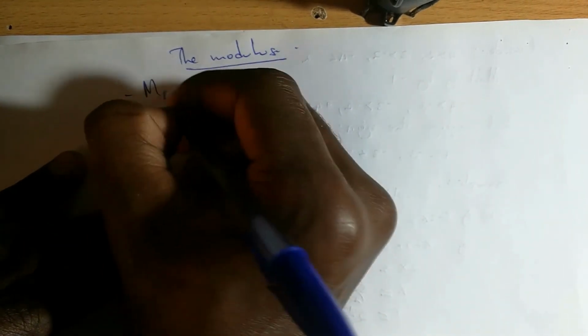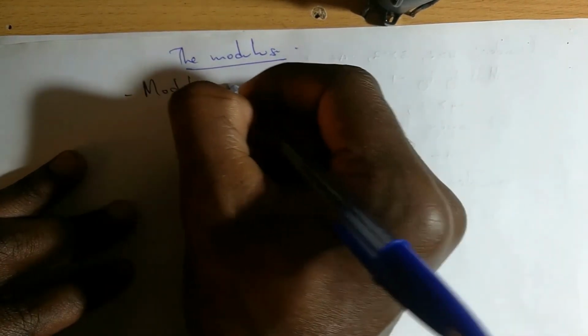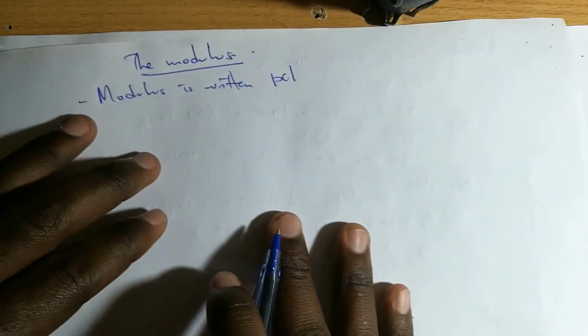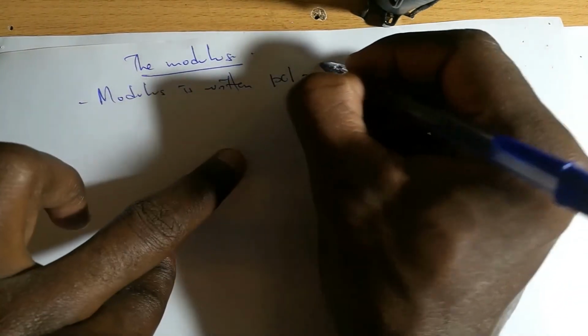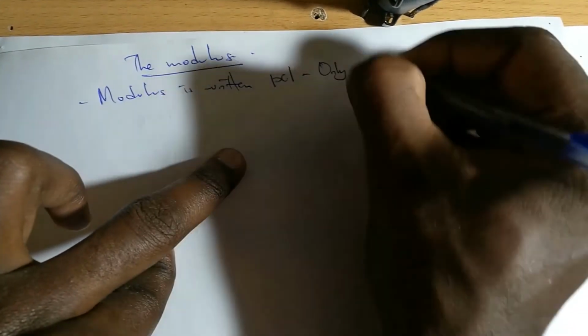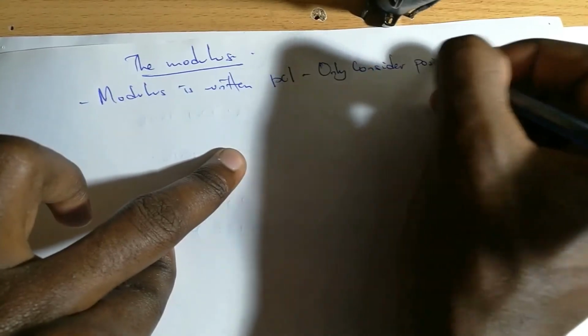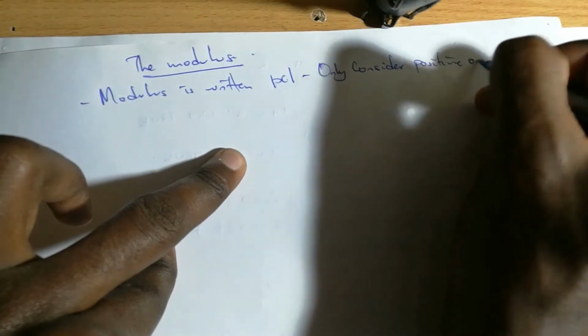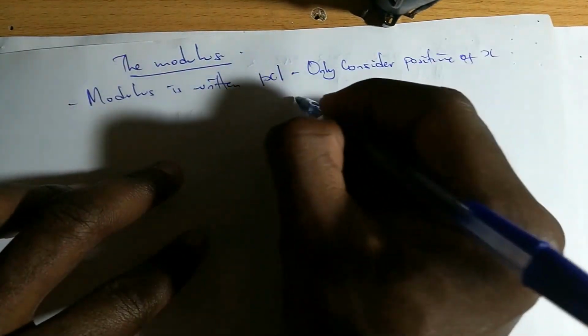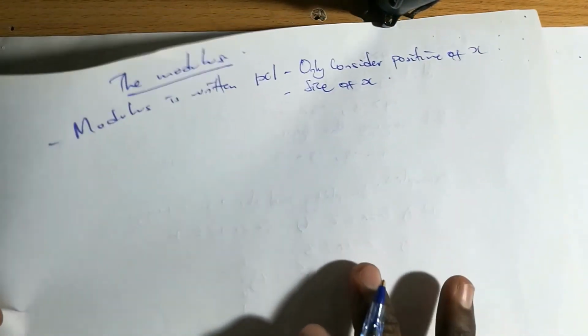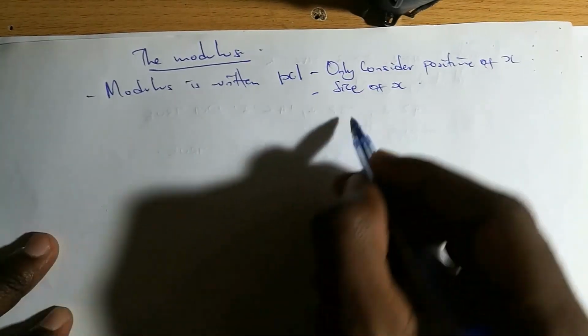We can show that the modulus of x is written like that, meaning only consider the positive size of x. That's the same as the size of x, which is the modulus of x.